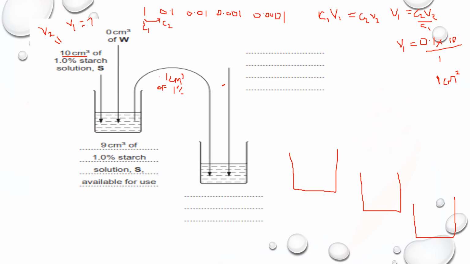Remember that V2 is V1 plus water. My V1 is 1 cm3, so V water will be V2 minus 1, which is 10 minus 1, which is 9. So I'll be adding 9 cm3 of water, W, to that 1%.